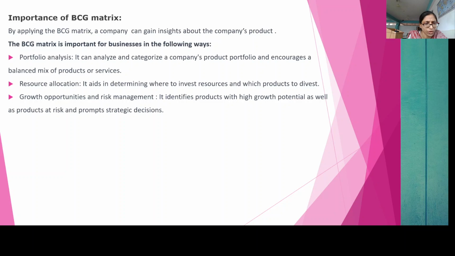So in some products we'll see they are not generating that much profit, or in some products they have opportunities in the future, opportunities to grow more and generate maximum profit.